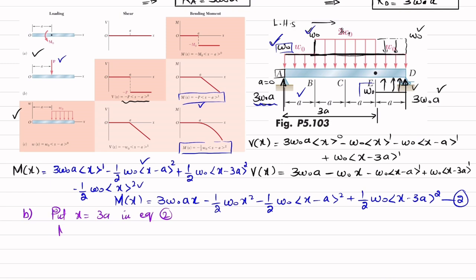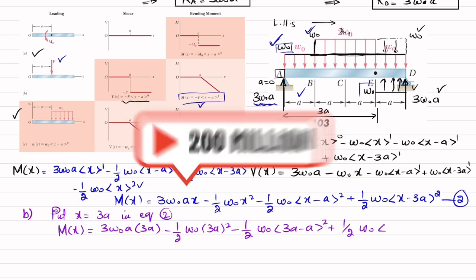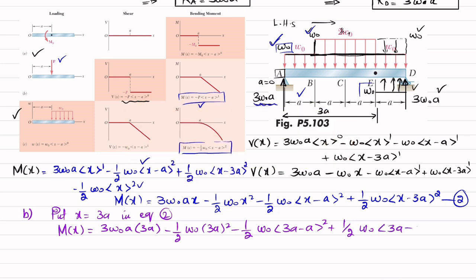So when you put x is equal to 3a, it will be equal to 3w naught a into 3a minus 1 over 2 w naught into 3a whole square minus 1 over 2 w naught into 3a minus a whole square plus 1 over 2 w naught into 3a minus 3a whole square.